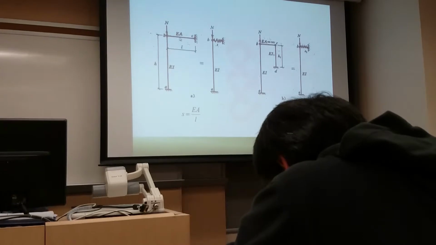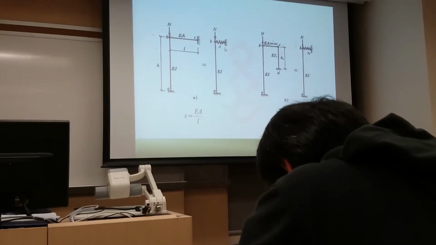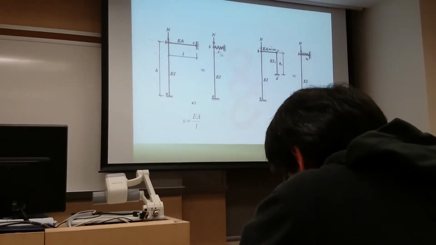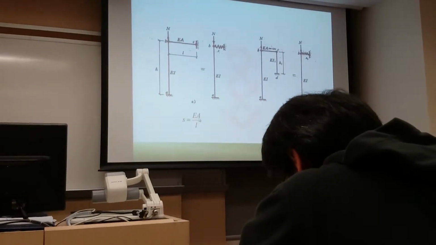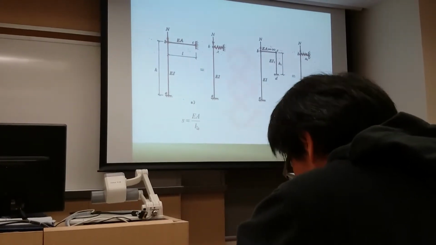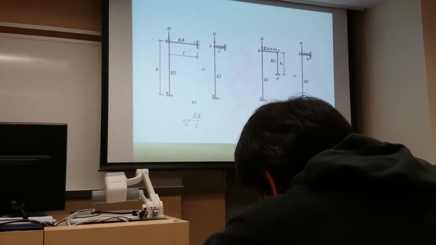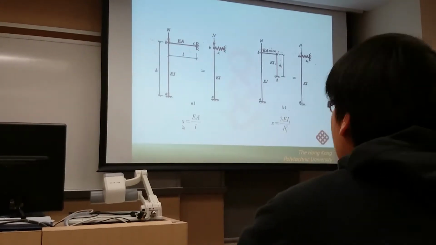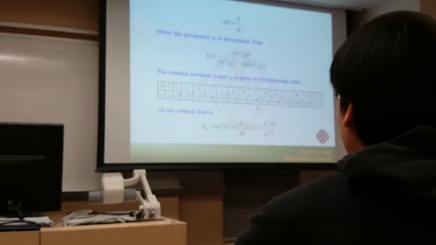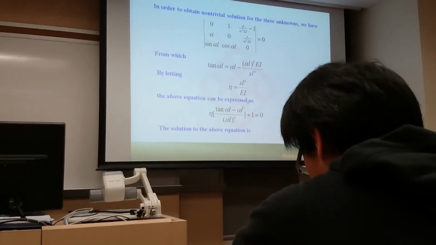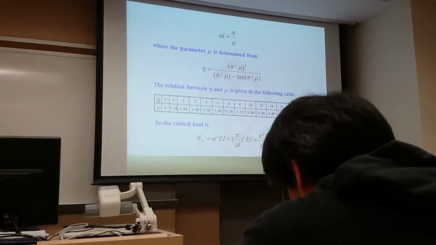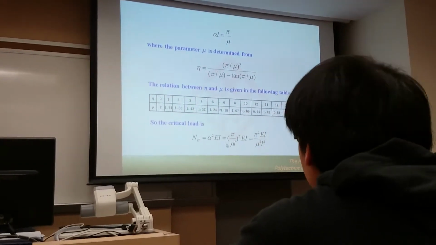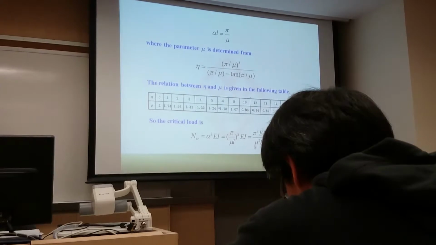Its influence is just an equivalent stiffness, obtained from this formula. When EA is provided, the stiffness is also provided. So based on the obtained stiffness, you can calculate the corresponding value of eta, and based on the given eta, we can obtain the mu value. So from this equation, we can obtain the critical load.